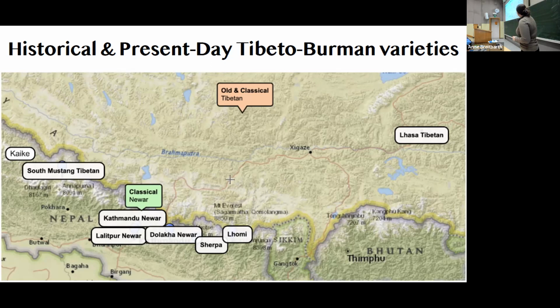And then Old and Classical Tibetan was basically found all over. Classical Newar, on the other hand, was found in Kathmandu. And that's also where we find a lot of the modern Newar varieties. They were always traders.